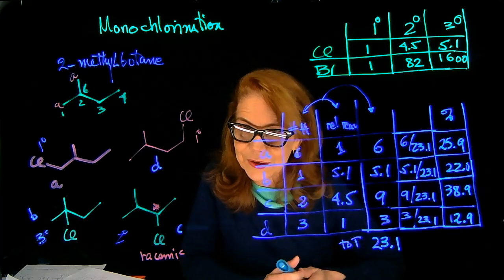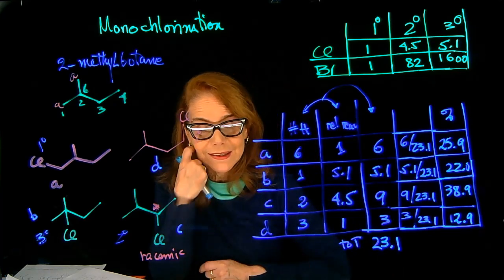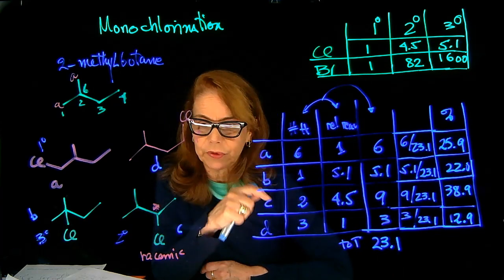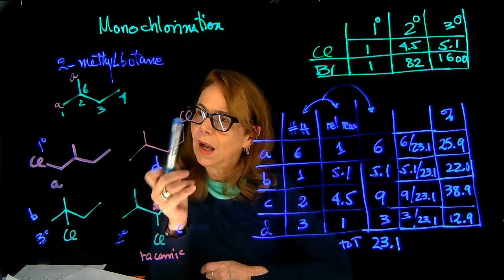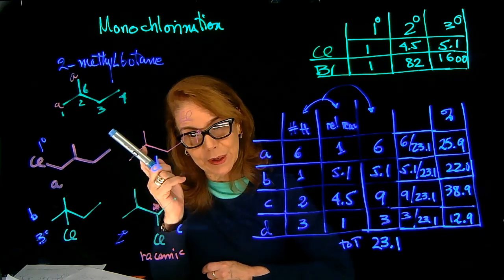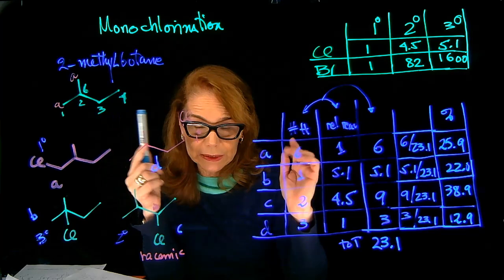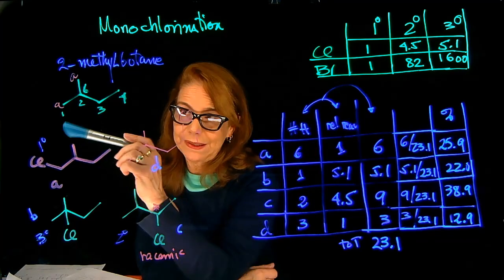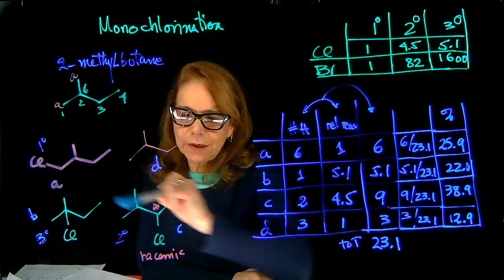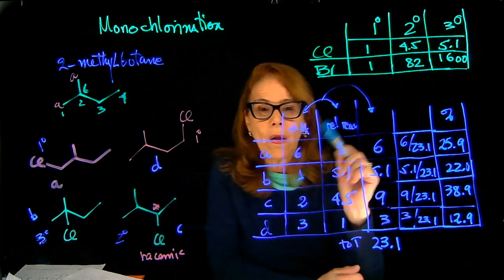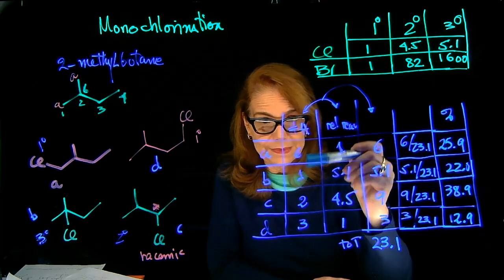So this is how you estimate the yield of the given positions. Remember to check whether the positions are equivalent or not. Here we have determined that product type A is different from product D, even though they are primary with the same reactivity.